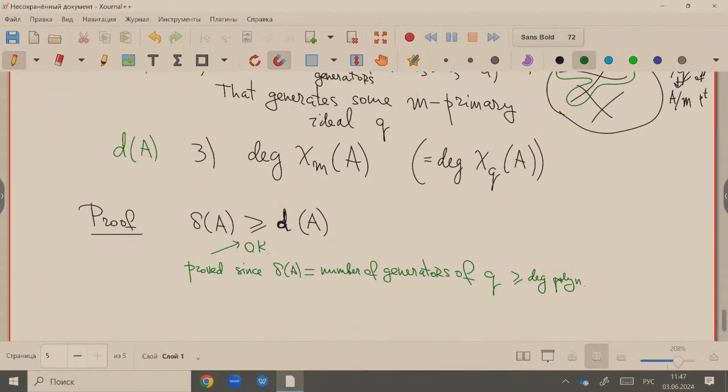And we have written the formula that gives you the length function in terms of the degree of the corresponding polynomial, and this bounds this number.